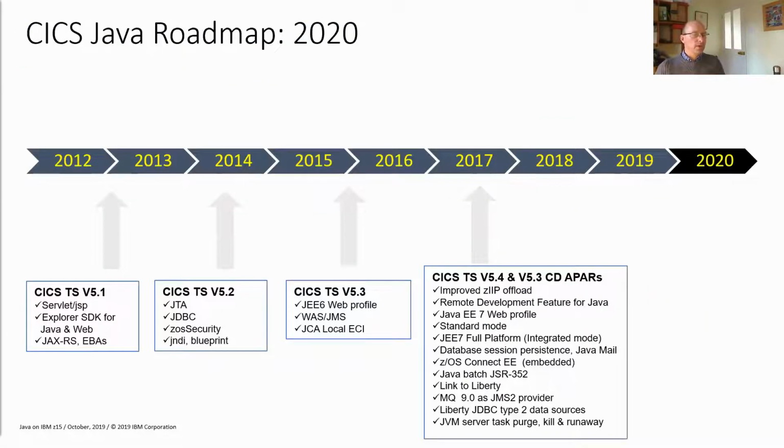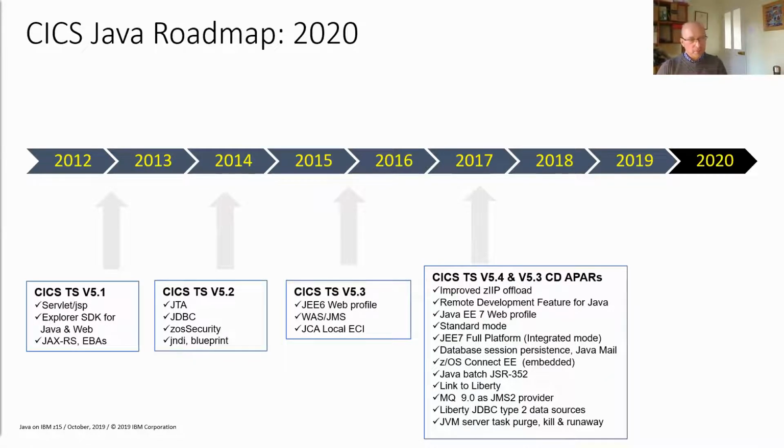So just to summarize the journey with CICS Java support, the Liberty support in CICS started in version 5.1, although we had Java in CICS before then, and that was with our basic servlet JSP web container in CICS, and our Explorer SDK with JAX-RS RESTful services.